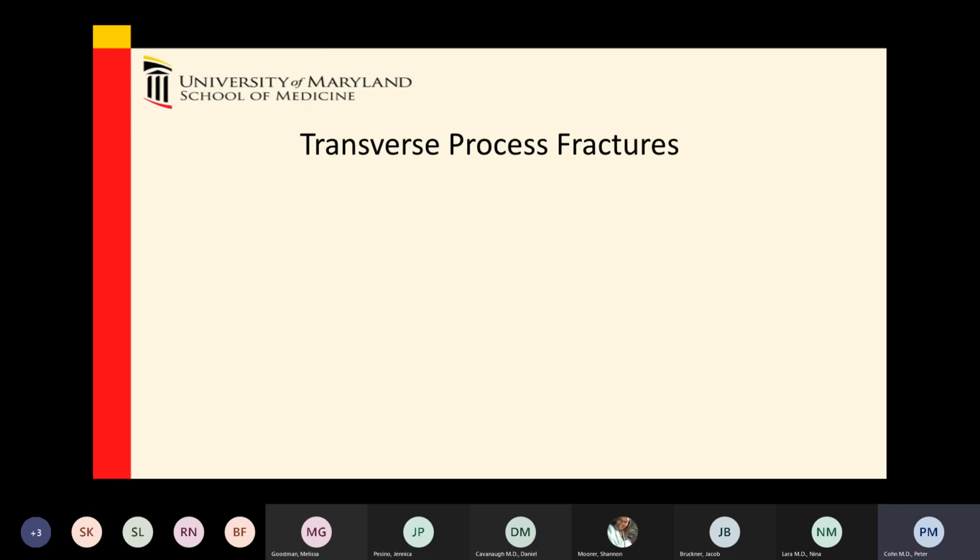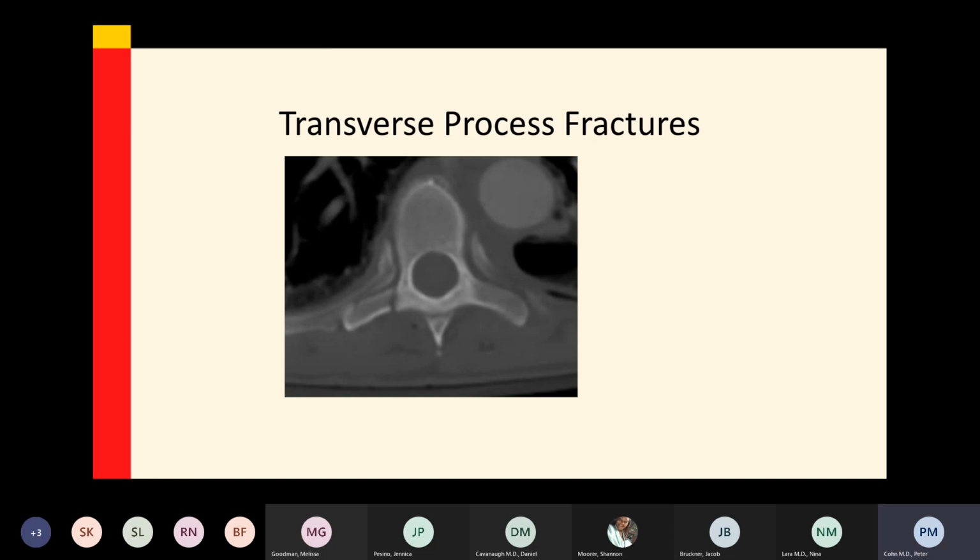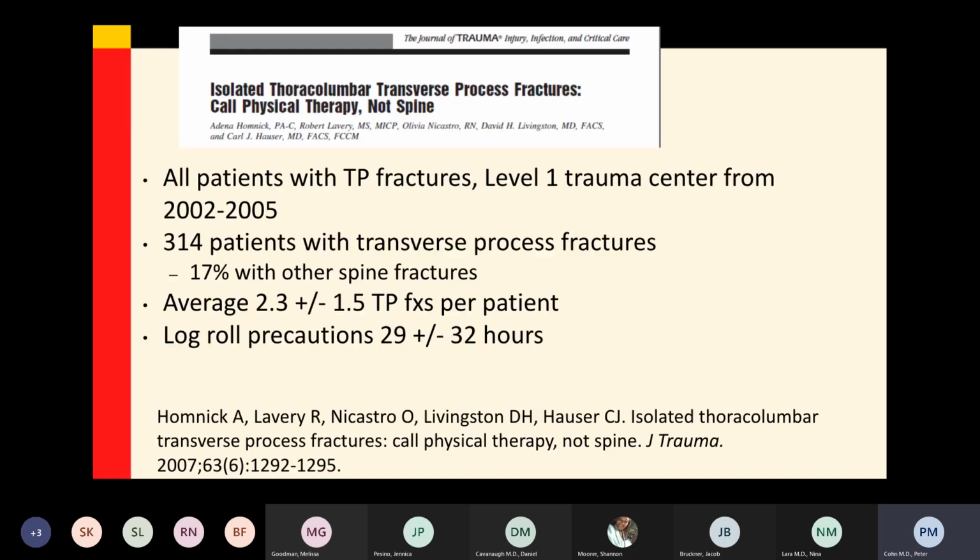So very briefly, transverse process fractures. We do see these a lot, and we do get called about them a lot. This is just an article in response to that I found. This was a patient study looking at a level 1 trauma center from 2002 to 2005 that included 300 patients who had transverse process fractures.